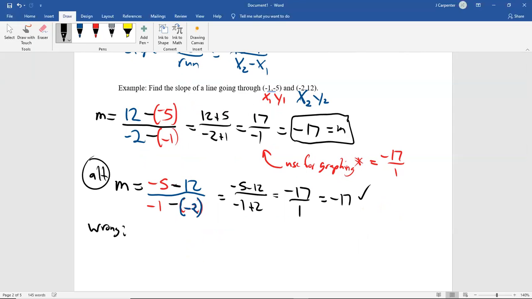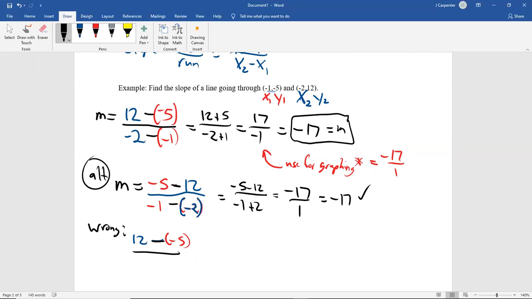Let's say we're just throwing caution to the wind and not caring about the order of the ones and the twos. So in the top one, I'll do y2 minus y1. So y2 was the 12 minus y1 was the negative 5. Then over, I'm going to go 2 minus 1 in the top, but I'm going to make a mistake, and I'm going to do 1 minus 2 in the bottom.